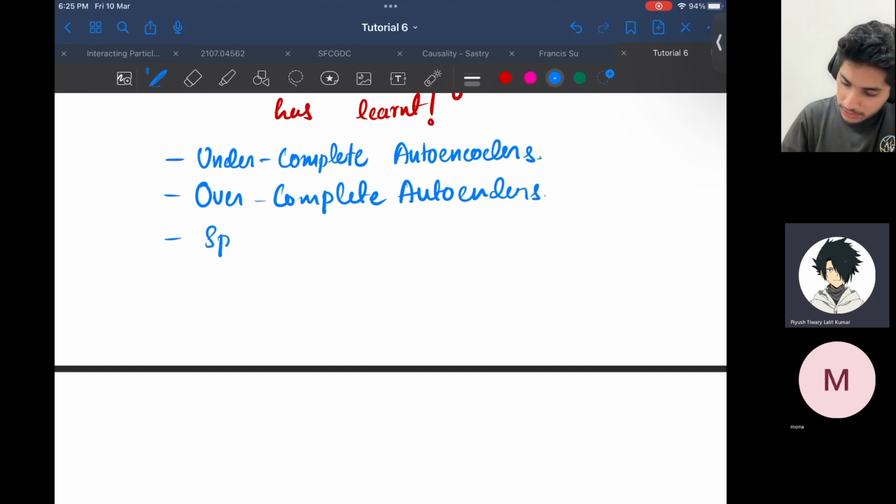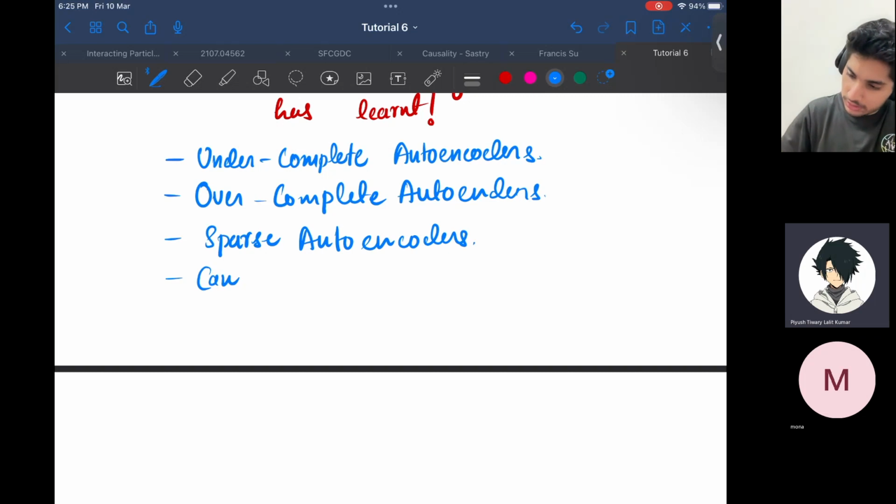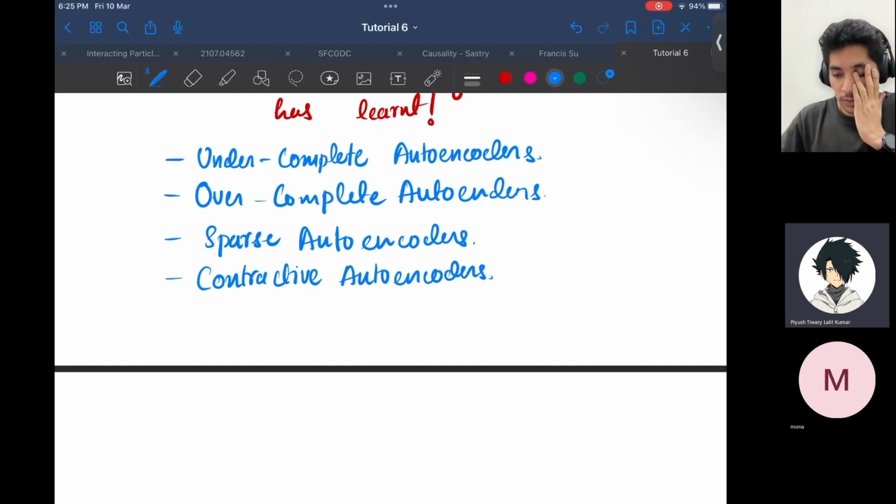There was something called sparse autoencoders, and there was something called contractive autoencoders. Each of these autoencoders had their own special properties.